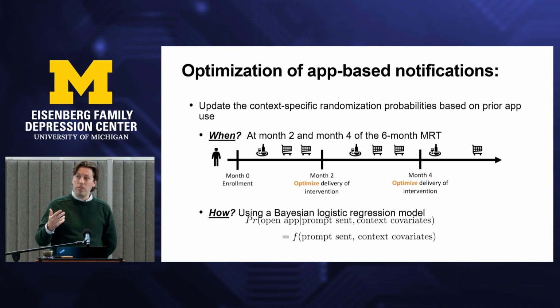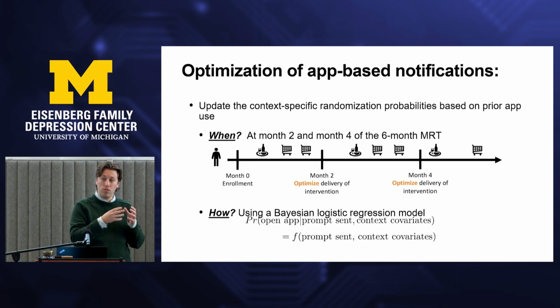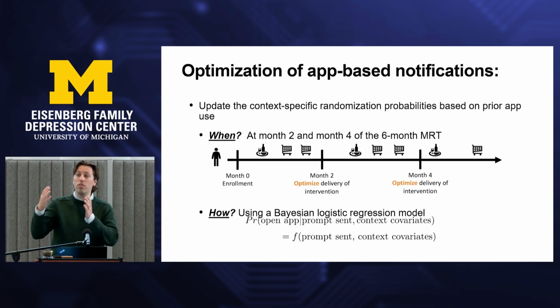is whenever you start trying to figure out how to personalize, there's a trade-off. I have to figure out the best times to exploit. If I know that a certain context is good to send you messages, I want to exploit that fact and send you messages in those contexts. But I also want to learn. So I have to explore all the possibilities of when I could send you messages.